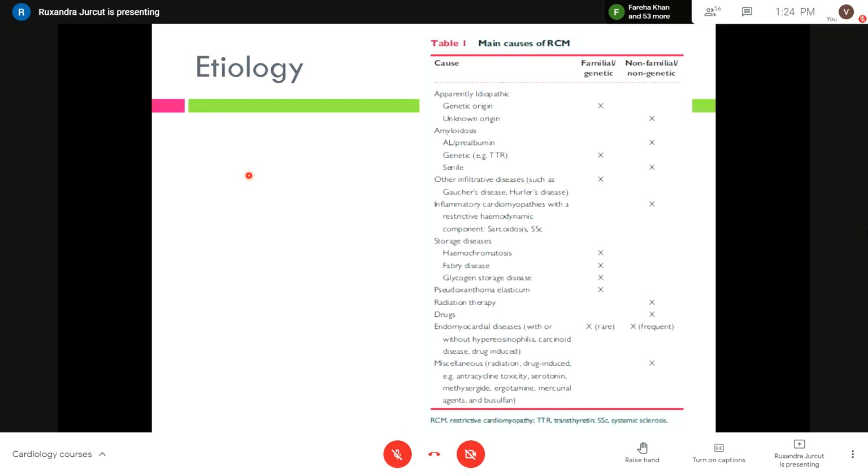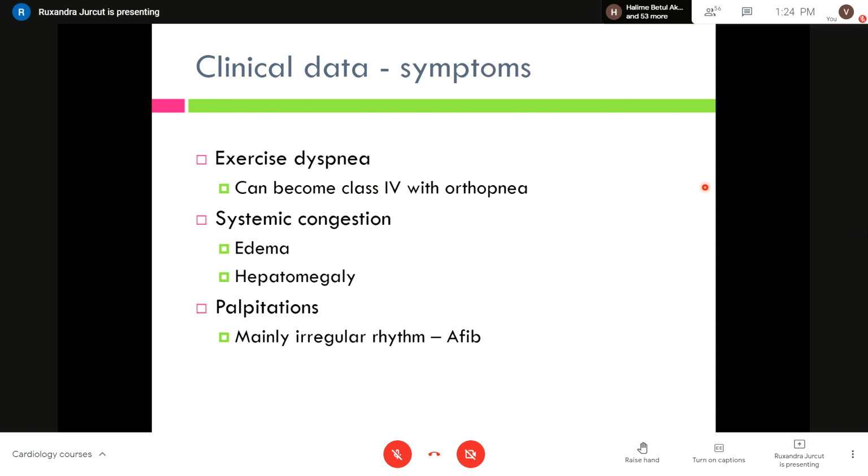And then the blood will, veins. So the patient gets dyspnea.